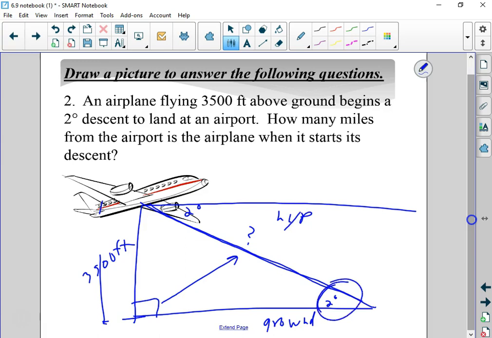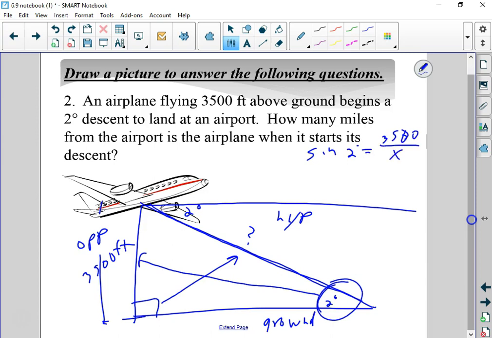If Grover's over here, he's looking way over there at 3,500 feet. If he's looking way over there, that's opposite. So we have opposite and hypotenuse. That's O, sine. So we're trying to find the sine of 2 degrees, which is equal to the opposite, 3,500, over hypotenuse.